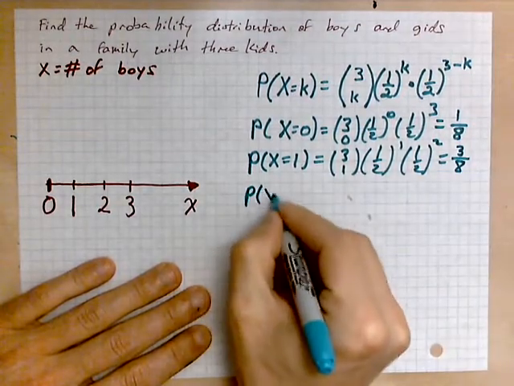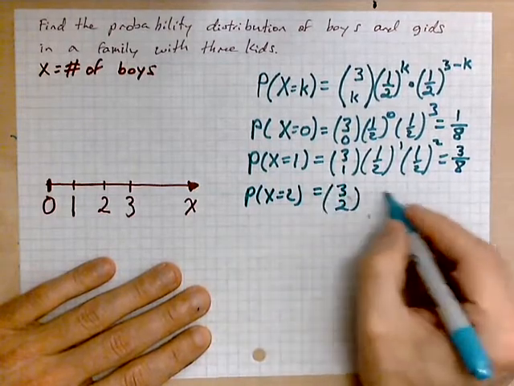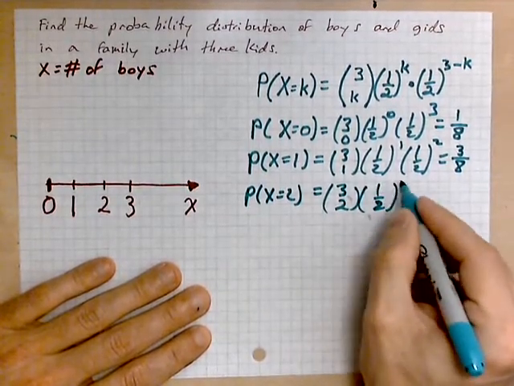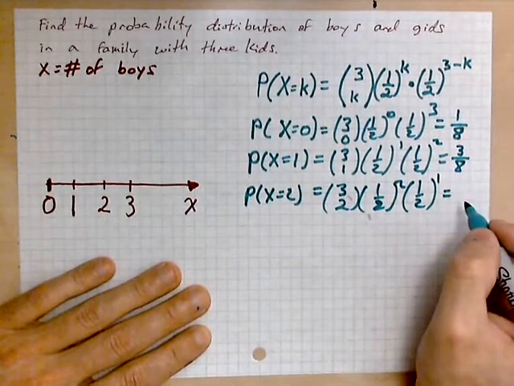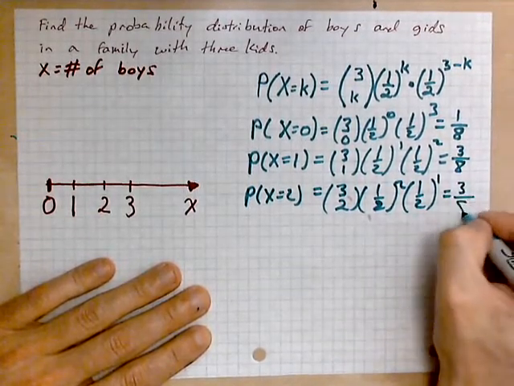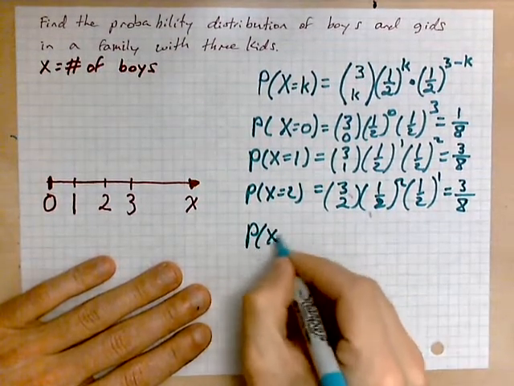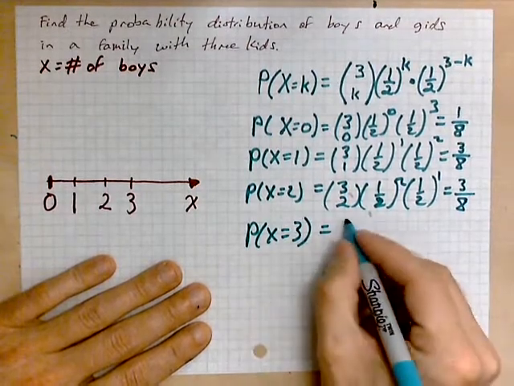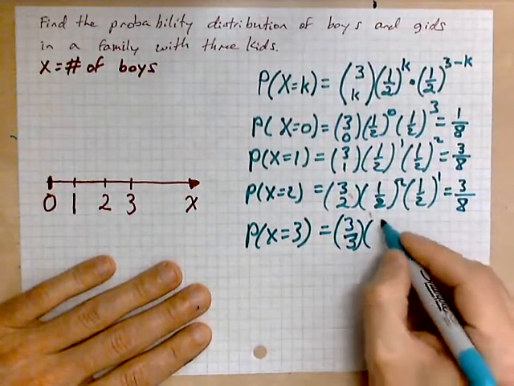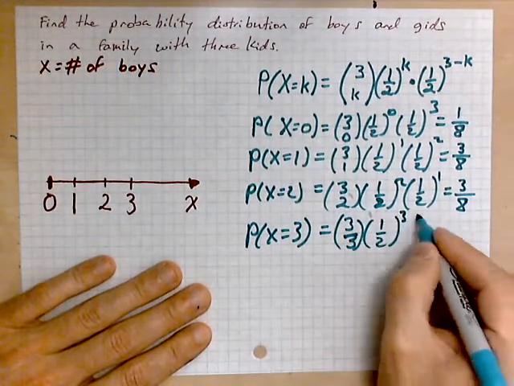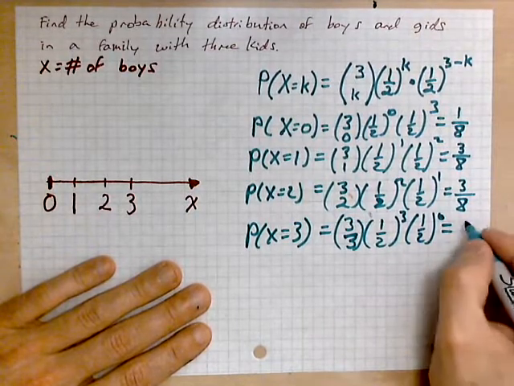And then the probability that you will have 2 boys is 3 choose 2, times 1/2 squared times a half to the first, which once again is 3/8. And lastly, the probability that you will have 3 boys is 3 choose 3, times a half cubed times a half to the 0, which once again gives 1/8.